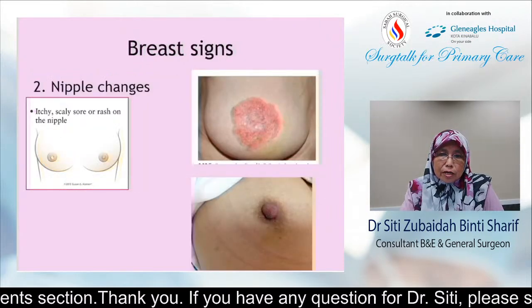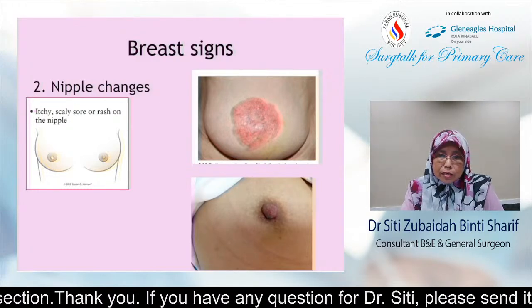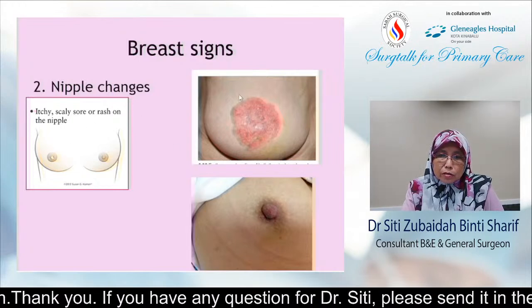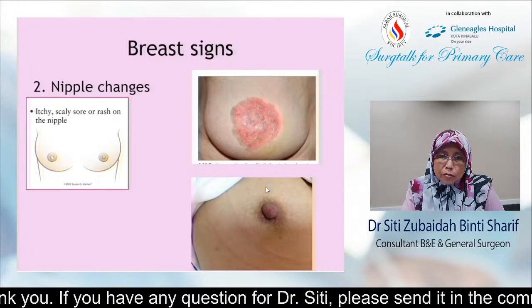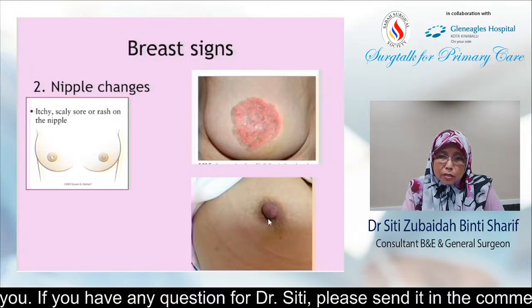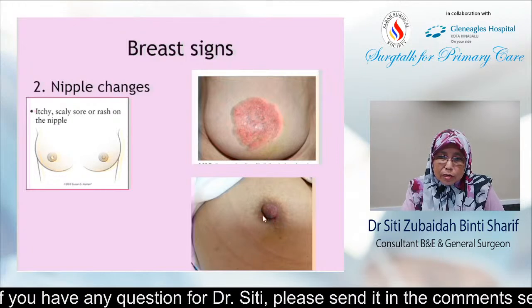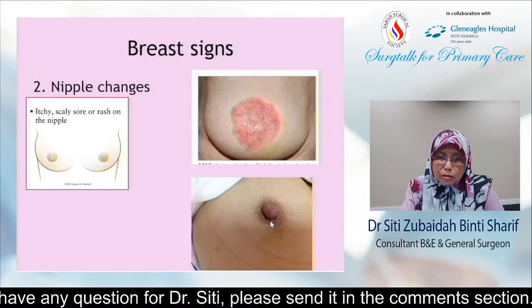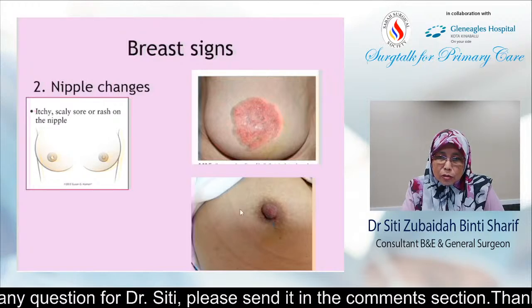Other signs are nipple changes. As you can see here, there is an excavation of the nipple, unlike the normal nipple. In this patient, there are nipple changes where we can see an ulcer beneath the nipple. When we did a biopsy, it turned out to be invasive carcinoma.